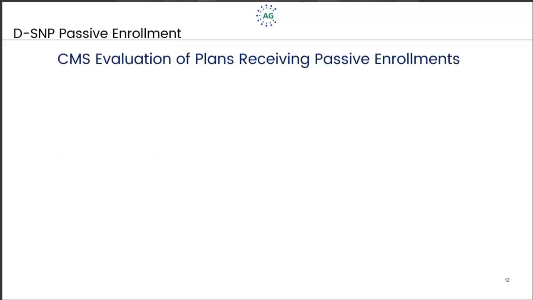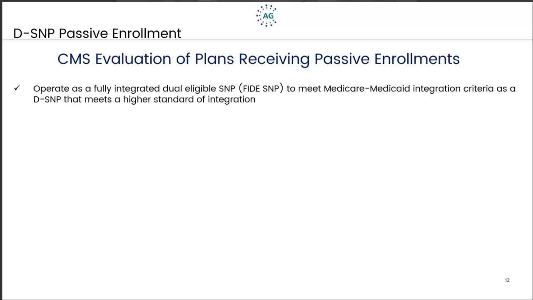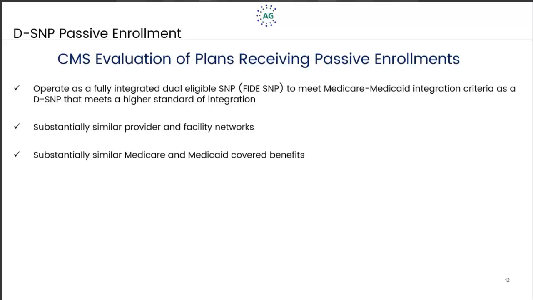So, CMS evaluation of plans receiving passive enrollments. They must operate as a fully integrated dual eligible SNP or a FIDA SNP to meet Medicare-Medicaid integration criteria, as a DSNP that meets a higher standard of integration. There must be substantially similar provider and facility networks between the Medicaid and Medicare plans, and substantially similar Medicare and Medicaid covered benefits.